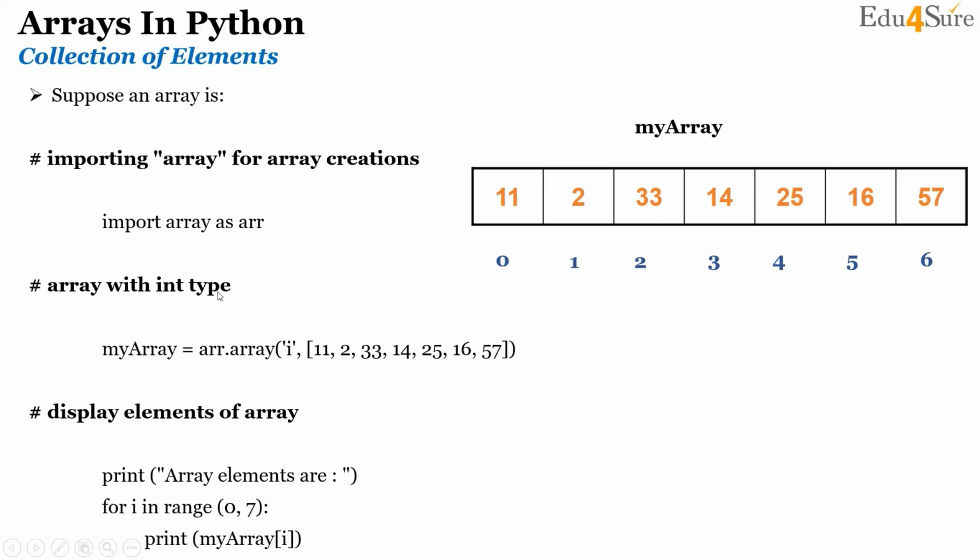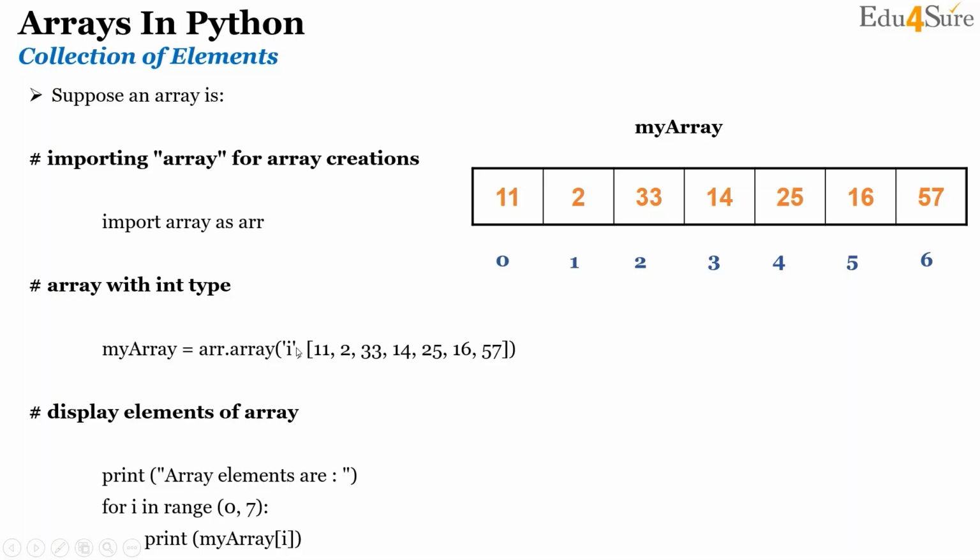We want to create an array of integer type. For this, we use a user-defined variable, say myArray, and this ARR module name is now used to call the array functionality, so ARR.array. Then within the parentheses, we are going to pass two parameters. The first parameter is the type code.